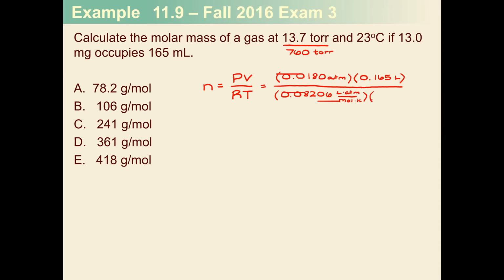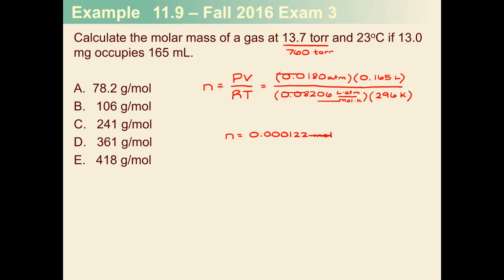And then finally, I need the temperature, which as you see here, I have as 23 degrees C, adding 273, that becomes 296 K. So if I cancel all of that out, you will see that I get a number of moles equal to 0.000122 moles of gas.